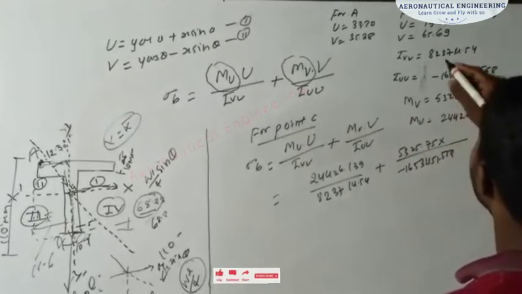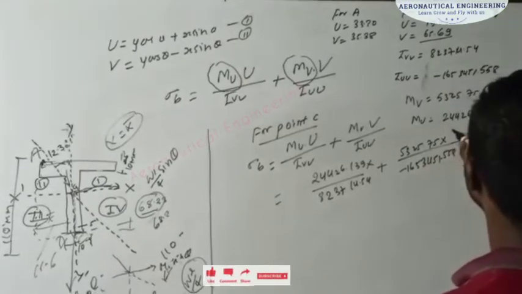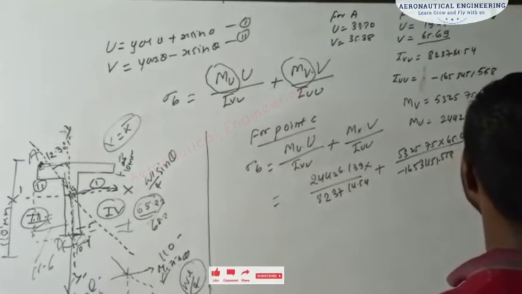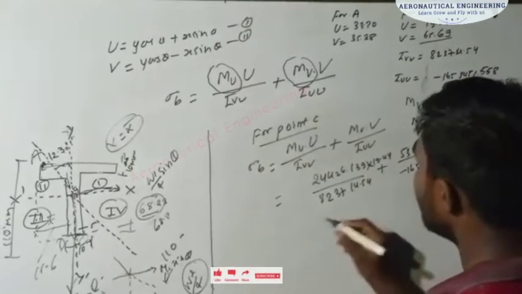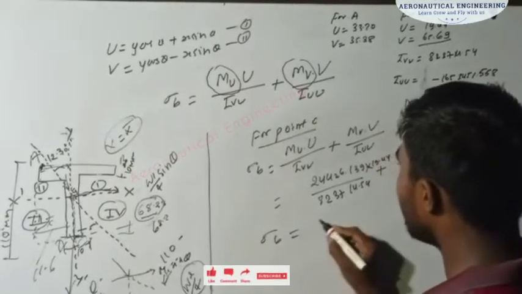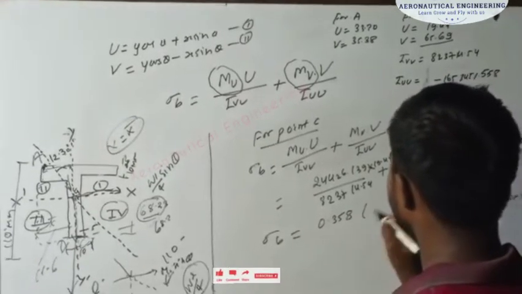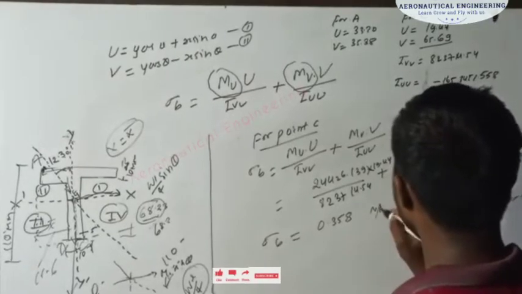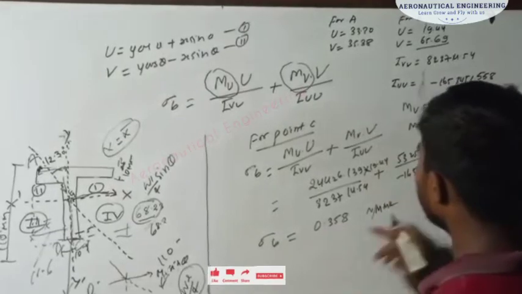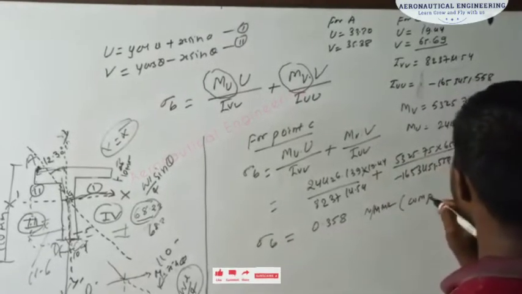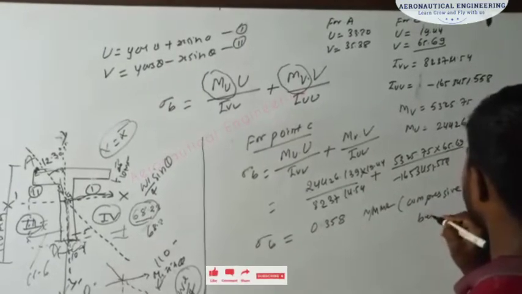So v value for C is 65.49 and u value for point C is 19.44. After calculating this, we get sigma b equal to 0.358 Newton per mm square. And while calculating, we get this negative sign, so this one is compressive bending stress.